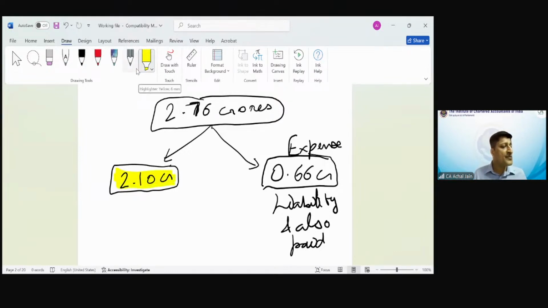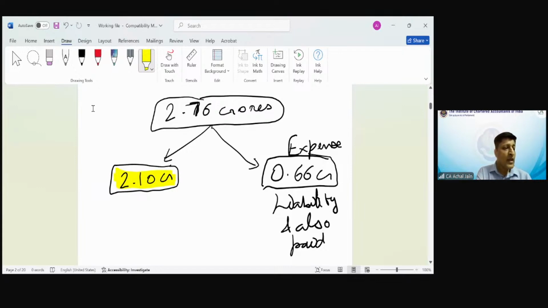Now the company has filed a litigation. But the question has not specified anything about the chances of whether the company is going to lose or win. So there is no clarity. When the question is silent, you will assume.